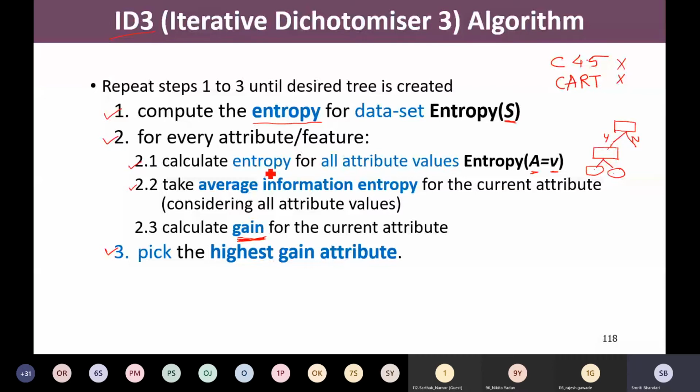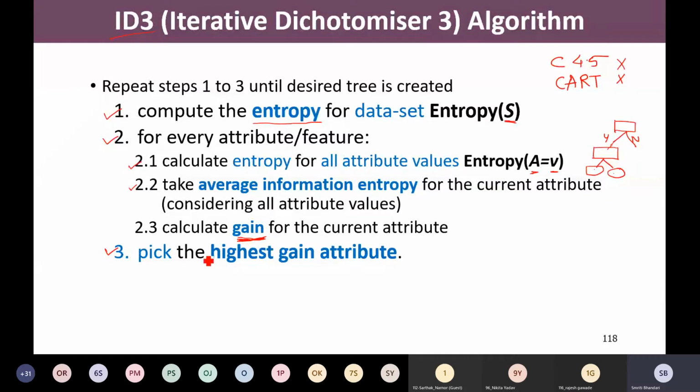After computing the gain, we are going to iterate step number 2 for every attribute. Say for example, if I have 4 attributes, for every attribute I am going to compute the gain by making use of step number 2.